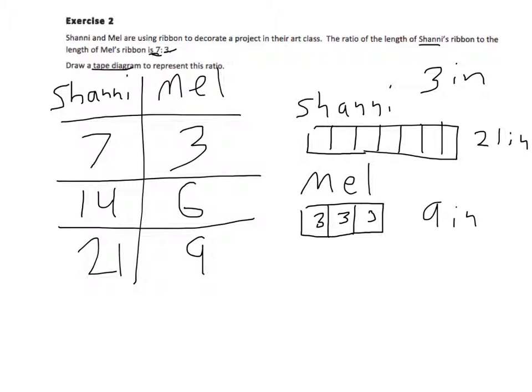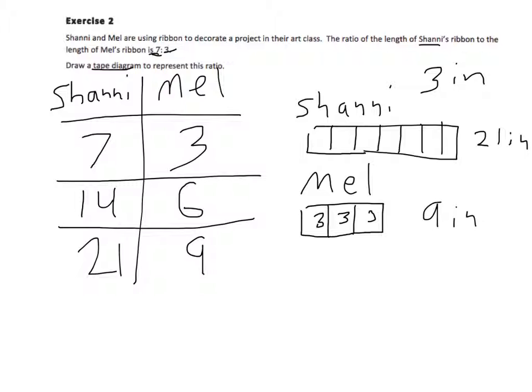So we have just explored 3 different possibilities for lengths of each ribbon for Shawnee and Mel. And every time we explored it, the length of each ribbon changed, but the number of sections in each ribbon did not. That's because the comparison between the two was the same. The relationship between Shawnee's ribbon and Mel's ribbon was the same. They may have gotten longer, but they both got longer together.